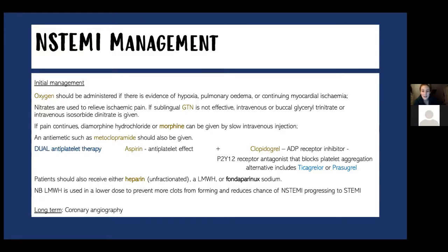And these NSTEMI patients would receive heparin or low molecular weight heparin to reduce the clots forming and reduce the chances of an NSTEMI becoming a STEMI. So if you remember the diagrams in the first couple of slides, it showed the partial occlusion versus the full occlusion. So you want to keep the blood thin to stop that occlusion, the risk of a thrombus going and fully clotting off the arteries.